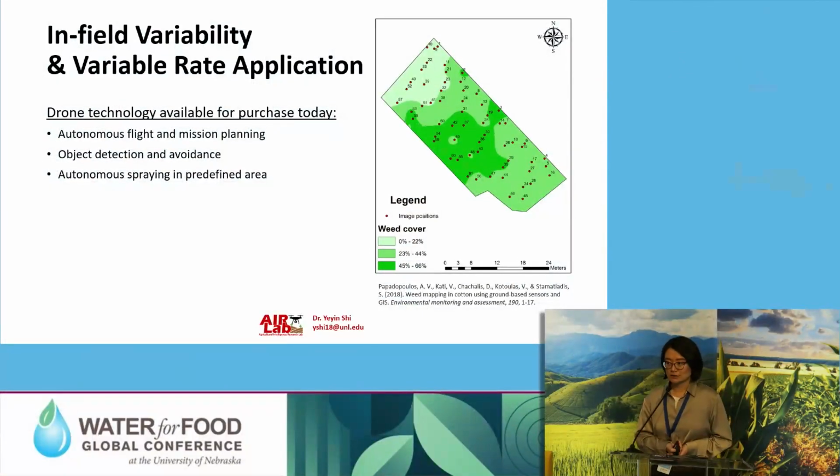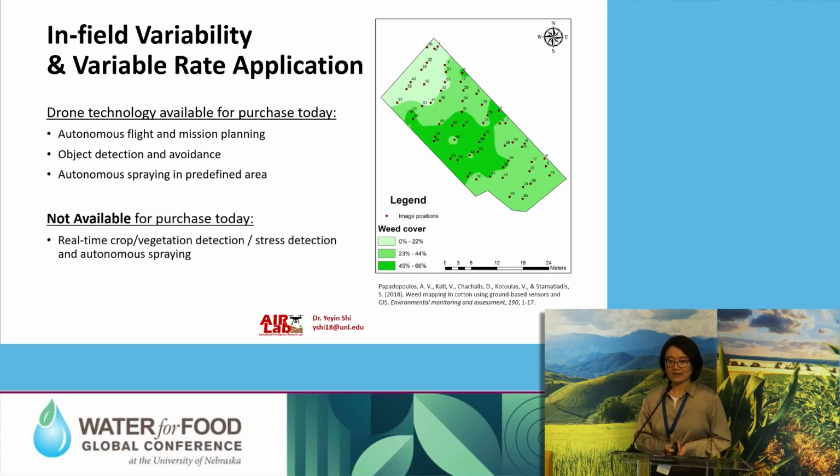The commercial spraying drones now available on the market can do variable rate if you preload a prescription map. However, what they don't have is a real-time sense-and-spray or see-and-spray capability.